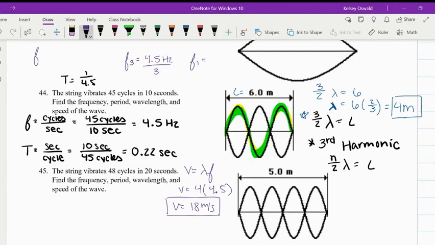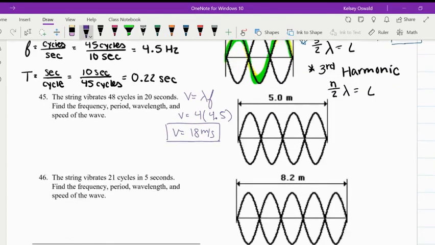Because whatever frequency of harmonic we're on is equal to whatever number harmonic we're on, n, times that first frequency. So for this wave, our fundamental frequency, or the lowest frequency where we could have a standing wave, would be 1.5 hertz. Again, we're not looking for that information. That's just some fun extra info, to help you in the future.